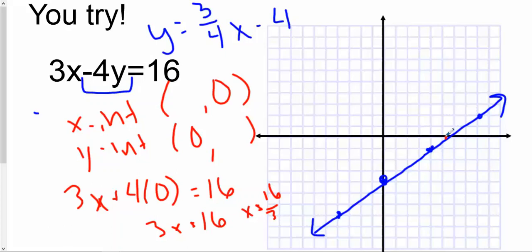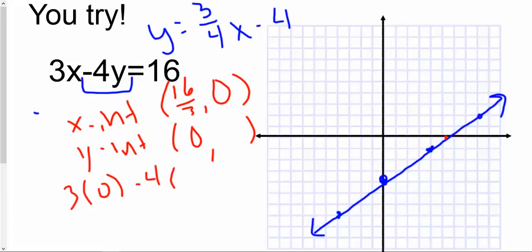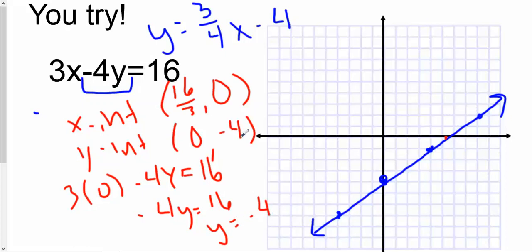Now we do the exact same thing for our y-intercept. We plug it in, and that gives us 3 times 0 minus 4y equals 16. So negative 4y equals 16, or y is negative 4. And hey, that gets us, again, the same line.